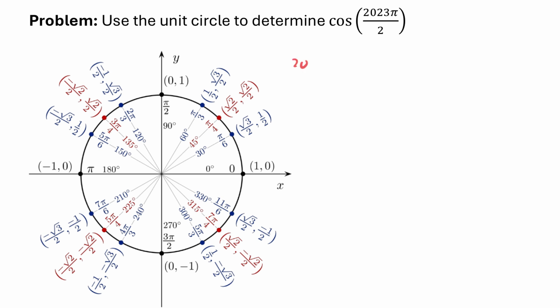Okay, so we have 2023 pi over 2. We're going to be subtracting groups of 2 pi, which means 4 pi over 2. Now, we need to subtract more than that, and so you could multiply this by, let's say, 100. Because if you multiplied it by 100, you'd be just subtracting 100 groups of 2 pi.